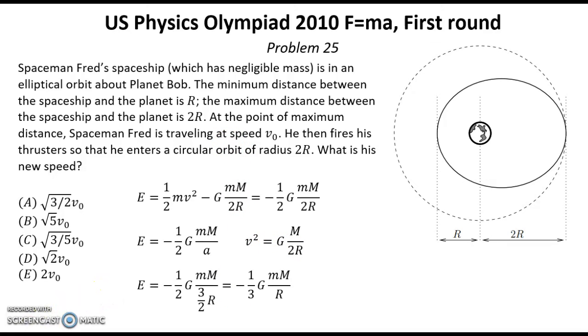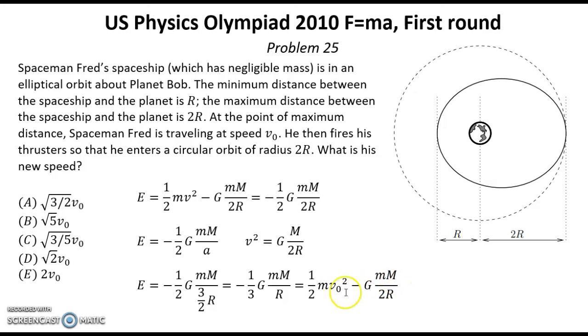For the elliptical orbit, we have total energy equal to negative 1/2 GMm over 3/2 of big R, half of the major axis. On the other hand, that's equal to kinetic energy at the furthest point plus gravitational potential energy.